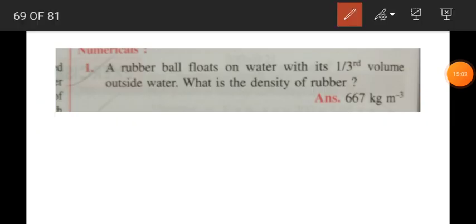Okay, let's solve this one as well. This one is quite different.